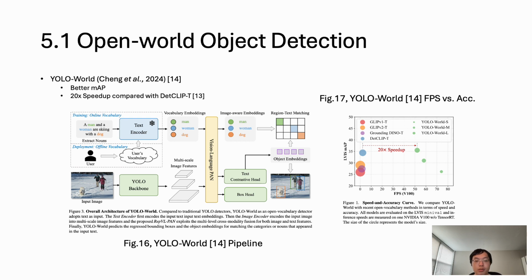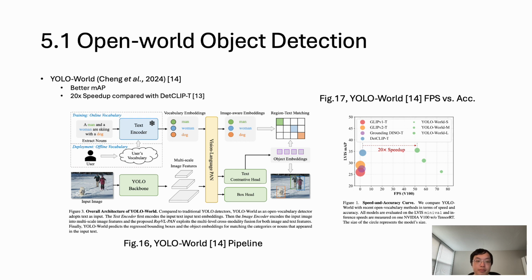And here is another open world object detection approach, YOLO-World, which was published recently on arXiv. Compared with the previous approach, it has a better mAP, the mean average precision.